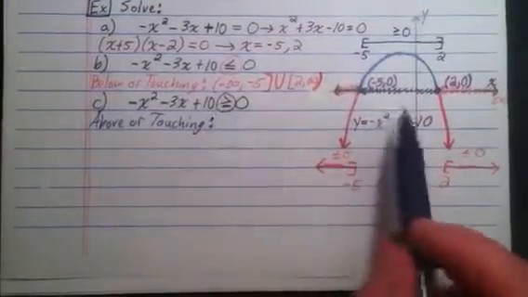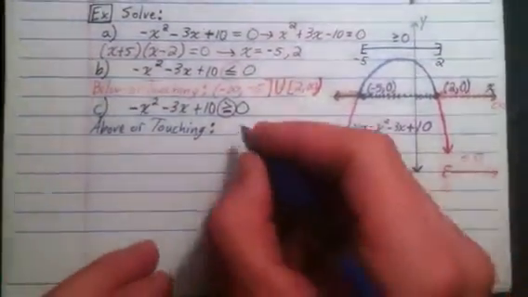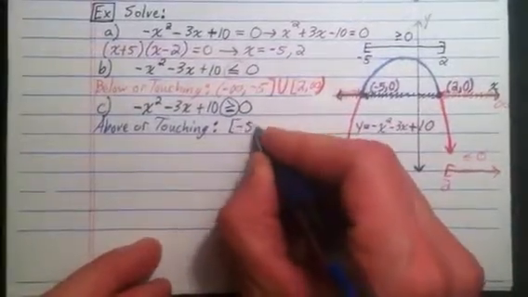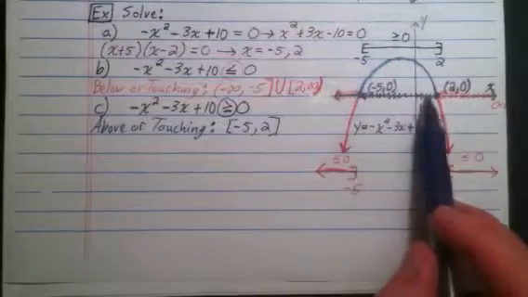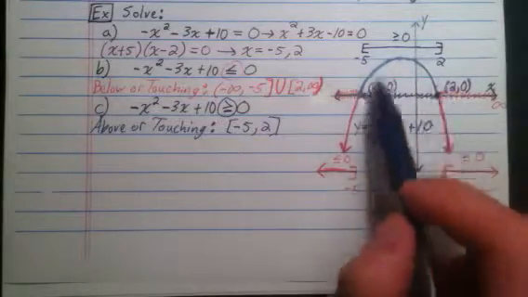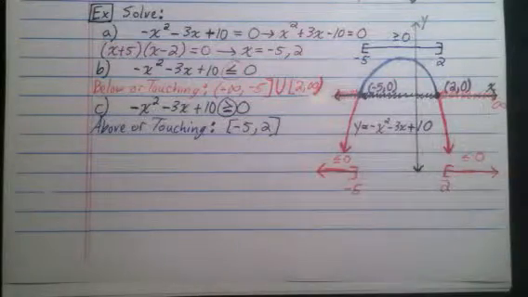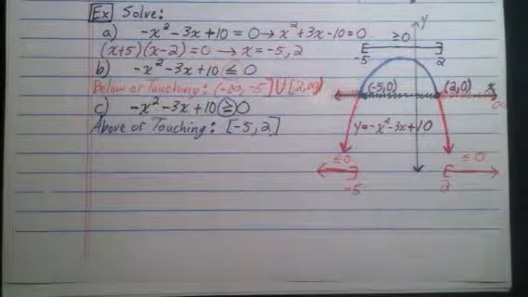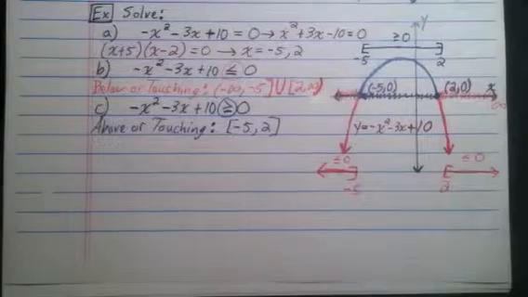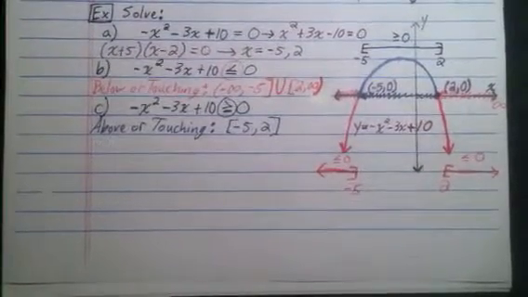Whereas the greater than part says where is it above. So from -5 to +2. Those are the x values for which the graph is above the x-axis. Okay, so that's how we solve these inequalities if we were to look at it graphically.